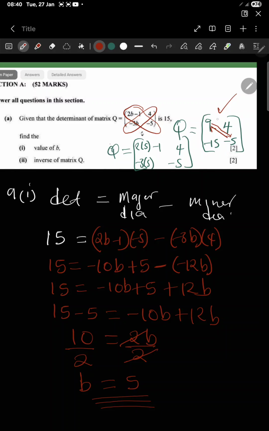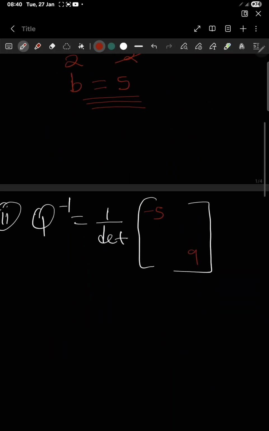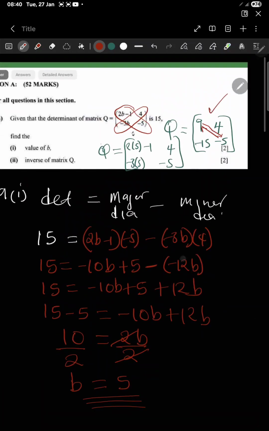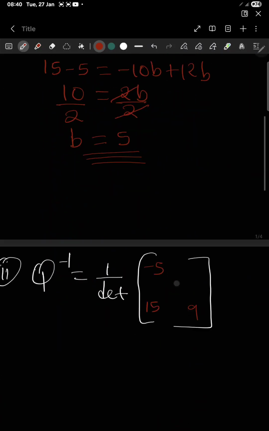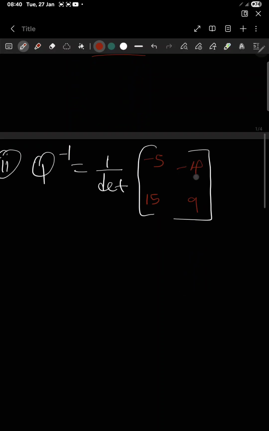I've said in the major diagonal, swap the numbers, while in the minor diagonal, change the signs of those elements. So negative 15 goes to be a positive 15, and the positive 4 goes to be a negative 4.